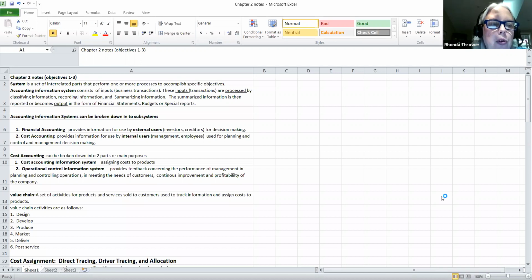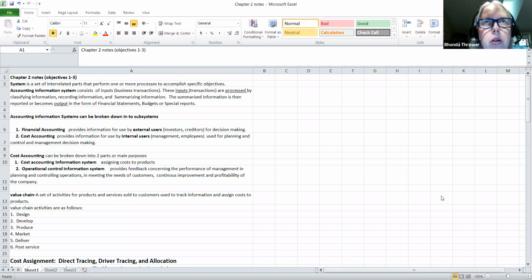One of the first terms that we need to talk about is what our textbook refers to as a system. A system is basically a set of interrelated parts that are going to perform one or more processes to accomplish specific objectives.